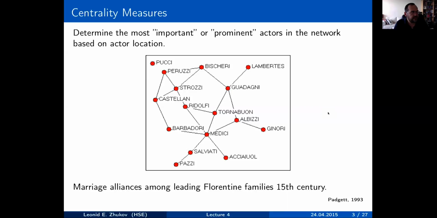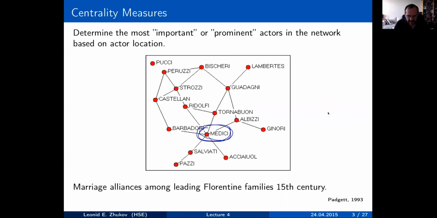We know from history that it is the Medici family that became the most powerful family in Florence back then. Though they were not the richest, they were strategically married with other families, and they came to power.